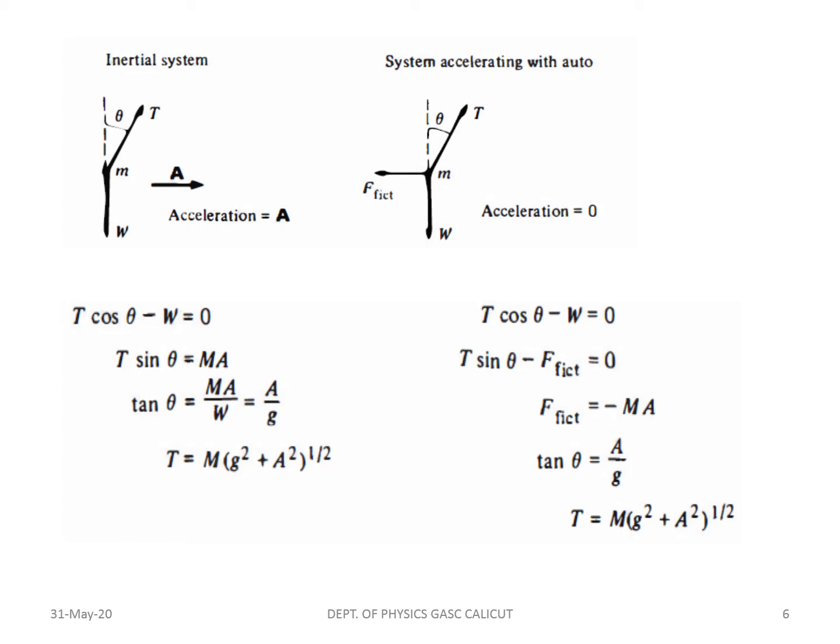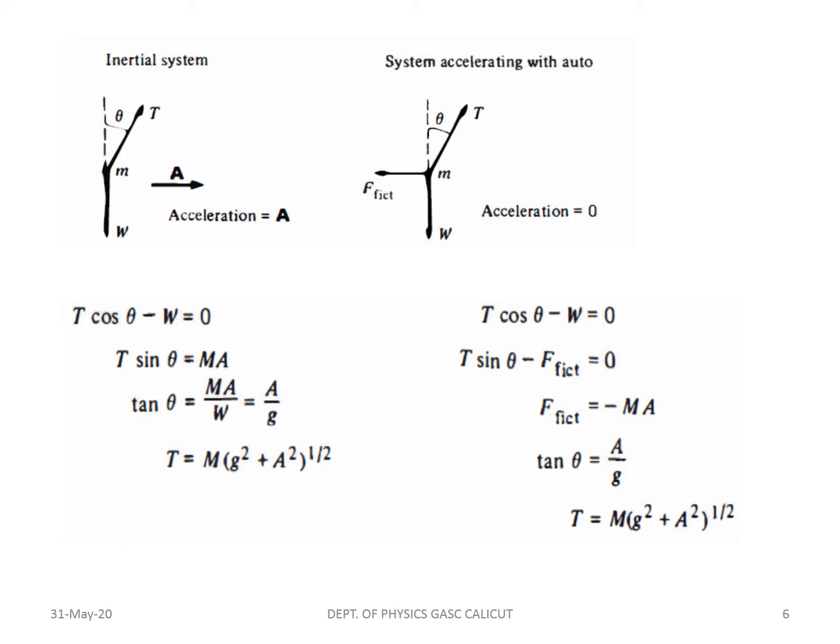The force diagram gives, in the vertical direction, the components T cos theta vertically upwards and W, the weight, vertically downwards, but both are equal and opposite, so they cancel out.